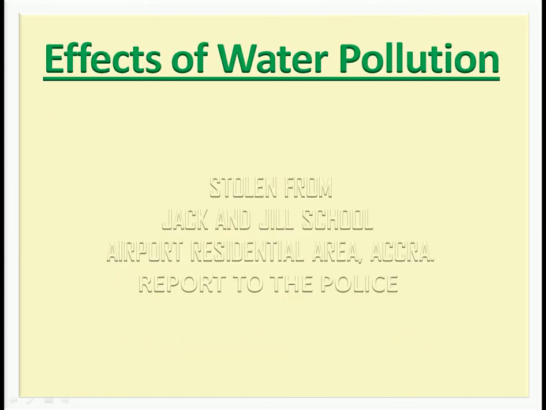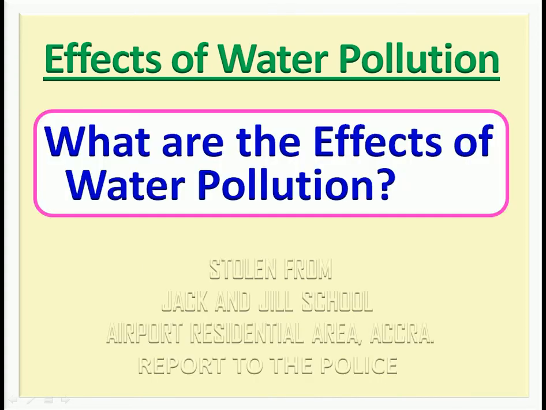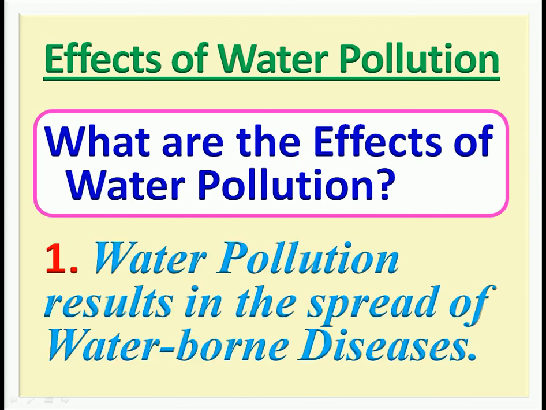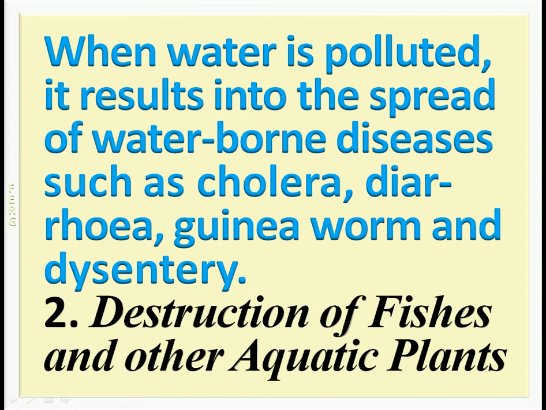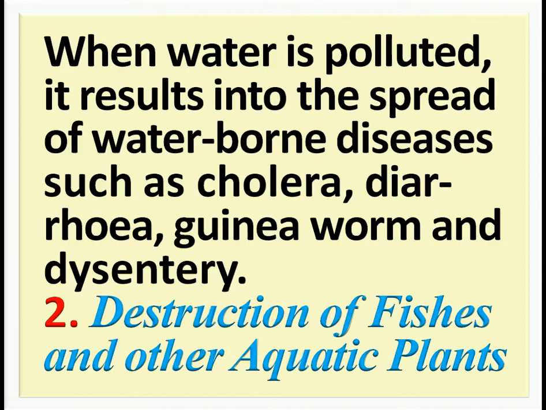Effects of water pollution. What are the effects of water pollution? 1. Water pollution results in the spread of waterborne diseases. When water is polluted, it results in the spread of waterborne diseases such as cholera, diarrhea, guinea worm, and dysentery. 2.